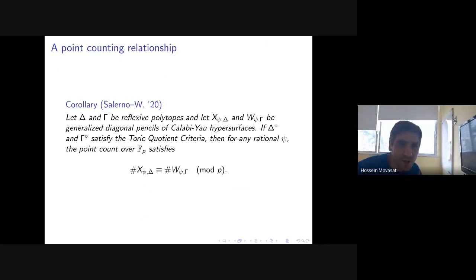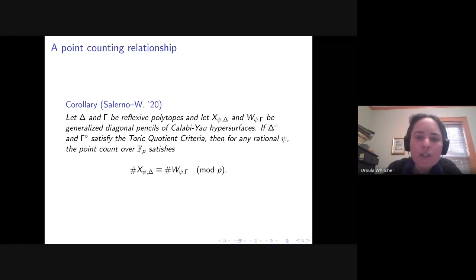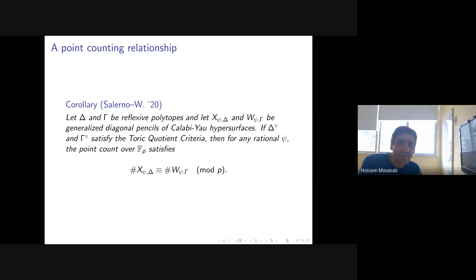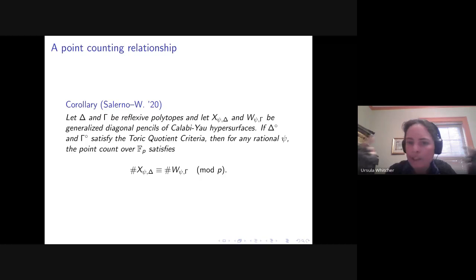Ursula, what was this toric quotient criteria? Right. So remember, we want two things. We want the polytopes to be combinatorially equivalent. So essentially the same general shape of the polytope, just in terms of how their vertices, edges, and faces relate to each other.